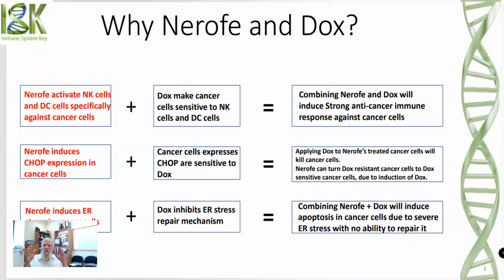So if we combine Nerofe with doxorubicin together, we will see that from one side there is an activation of the immune cells, NK cells, DC cells, and from the other side the cancer cells are becoming very sensitive to NK cells and DC cells.